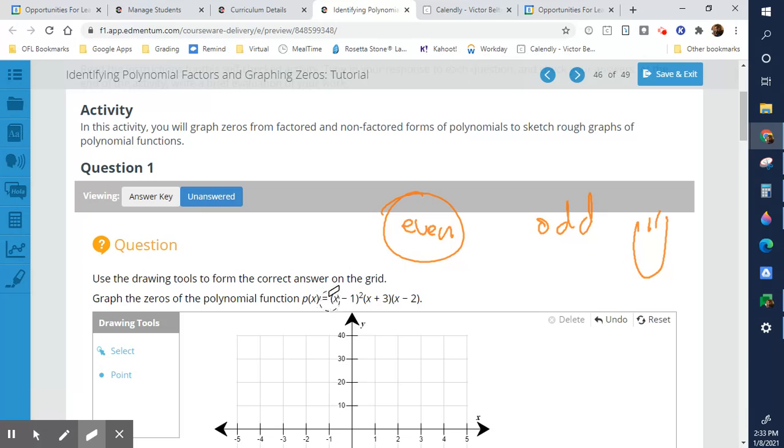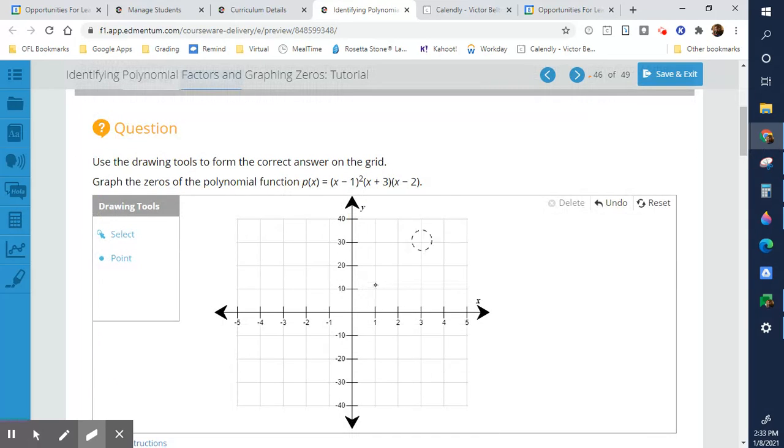So let's figure that out. First things first, we want to graph all of the zeros. So we're going to look here and select a point. This is x minus 1 equals 0, so in other words, we want a point at 1.